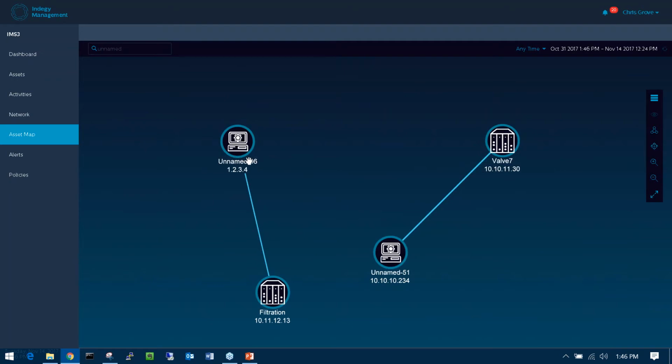Here's unnamed 96, and here's the other guy, 51. Each of them had some communications with an industrial controller. So that is actually now getting a little scary. It's no longer that someone's on our network that we don't know about. Now it's become someone has communicated with an industrial controller that we don't know. And of course, the next obvious question is what did they do?